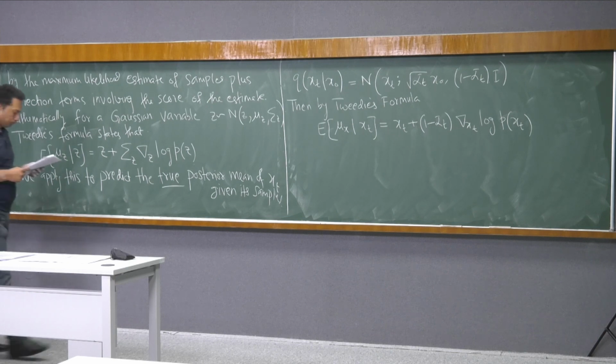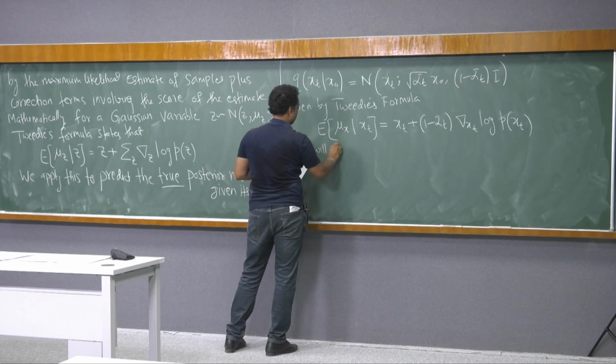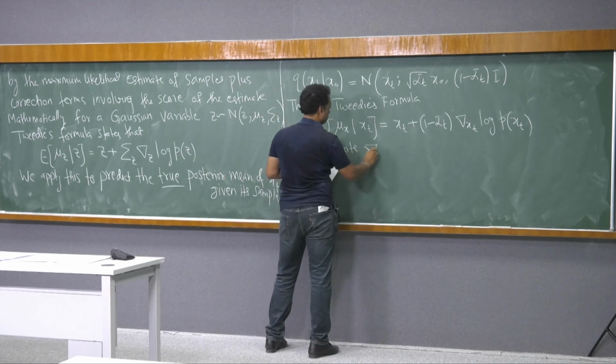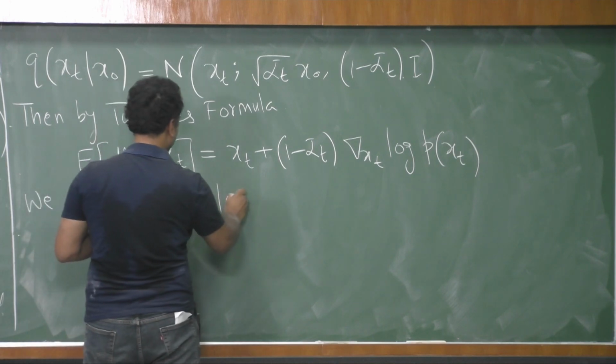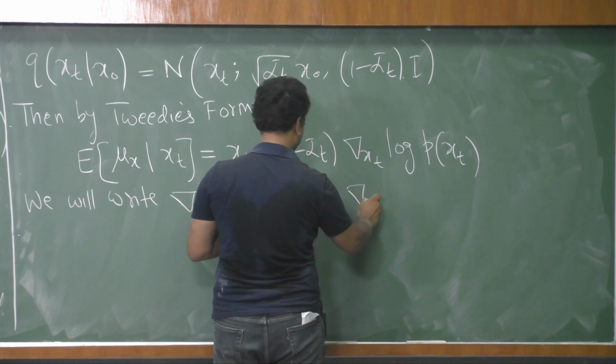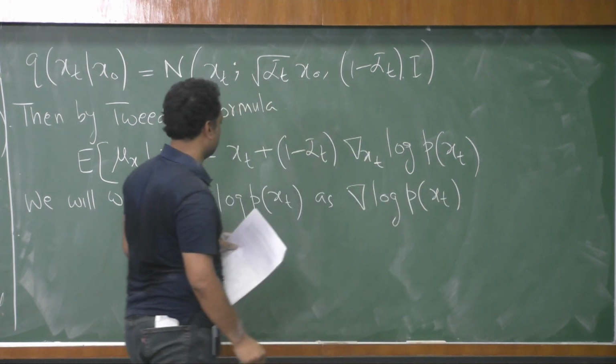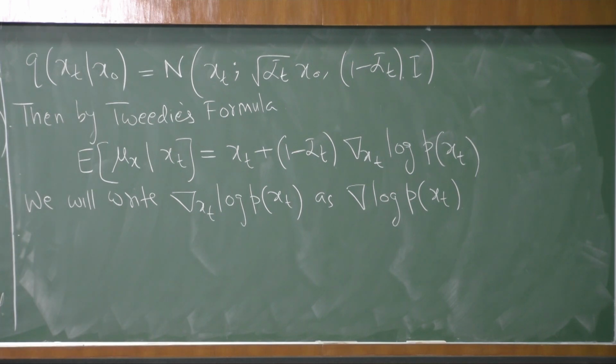Okay, so for notational convenience, we will write grad xt log of p xt as grad log of p xt. Just for notational convenience, we will drop this xt subscript, and we just write grad.